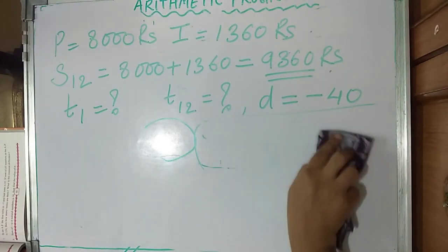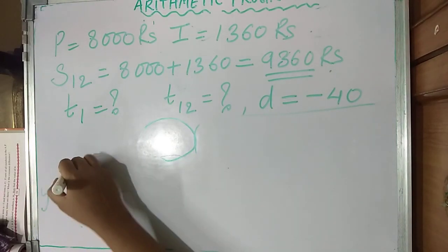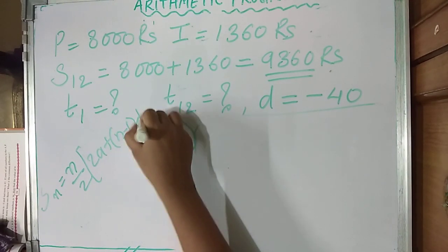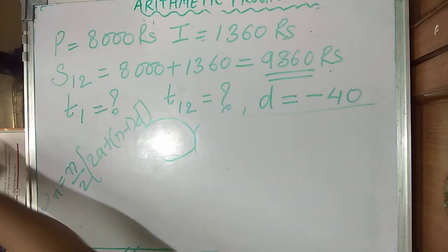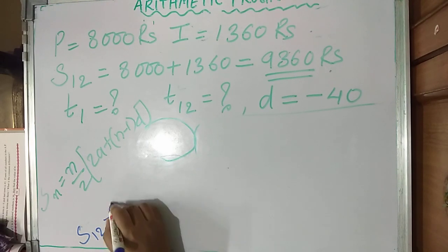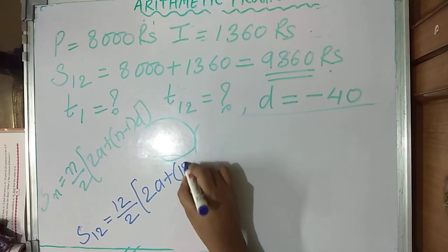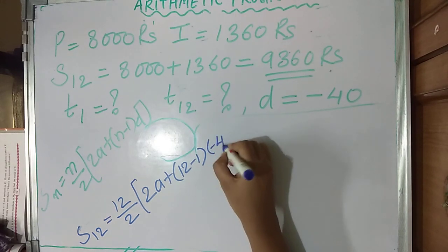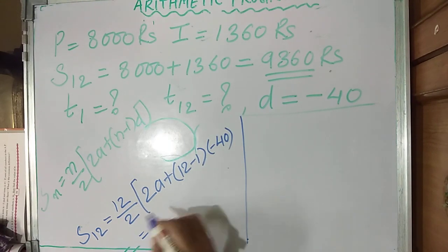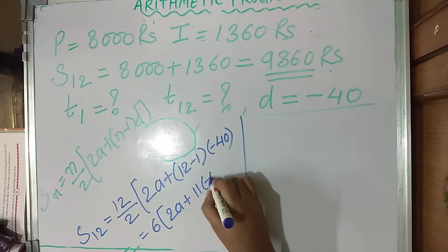Okay, so let's start with Sn is equal to n upon 2 into (2a plus (n minus 1) into d). So this will be S12, that means 12 installments, 12 upon 2 into (2 into first term, which we don't know, plus 12 minus 1, d is minus 40). So this will become 12 upon 2 will be 6, 2a plus 11 into minus 40.